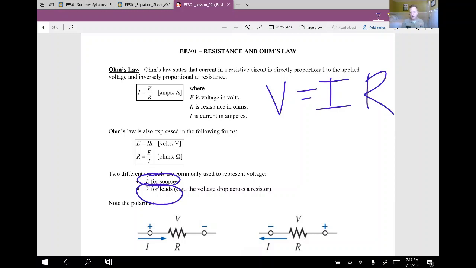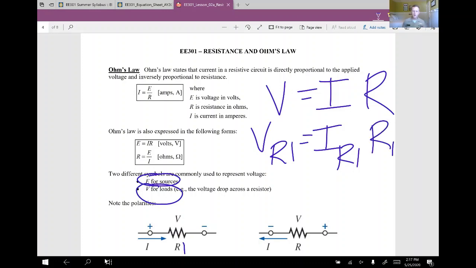If I multiply that current I by that resistance, then across that resistor, that's its voltage. So sometimes we can use subscripts. Say that this was R1, then I would say the voltage across R1 is equal to the current going through R1 times R1. It's a way to make sure that you're grabbing the correct one.